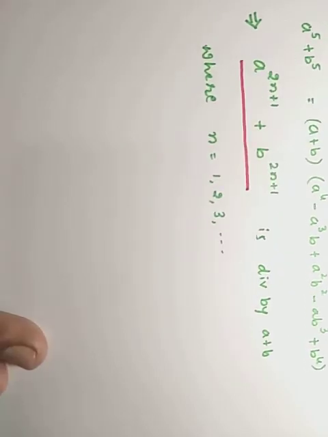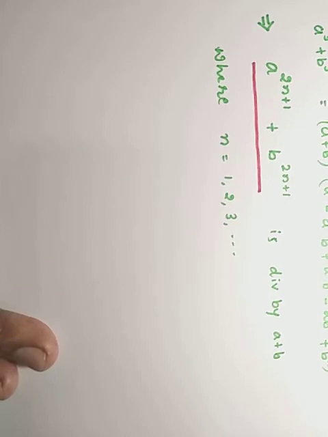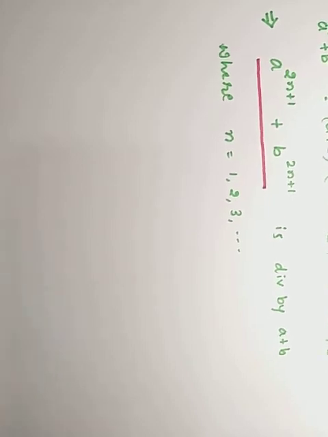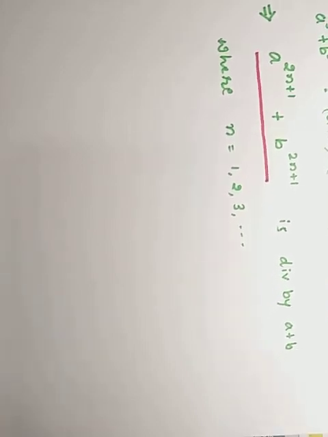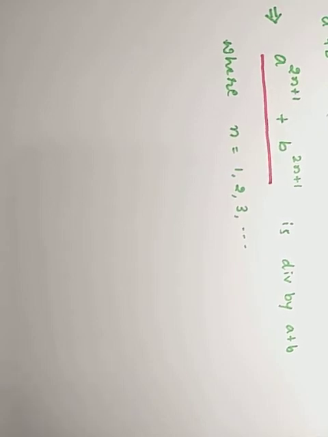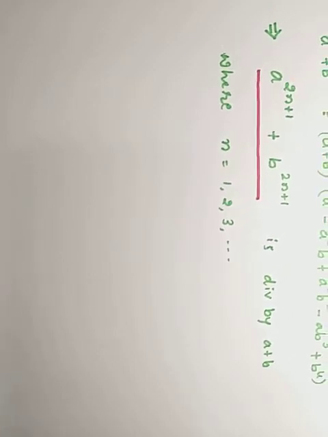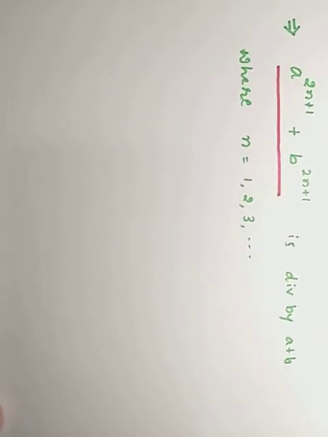After this, let us see how the number of divisors are calculated for a given number. A given number is there and we need to calculate the number of divisors for that.